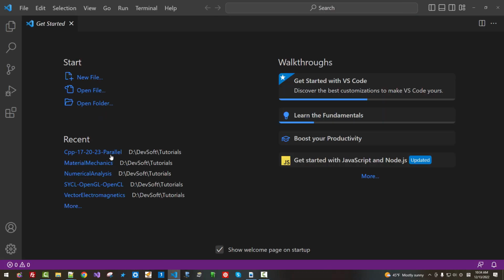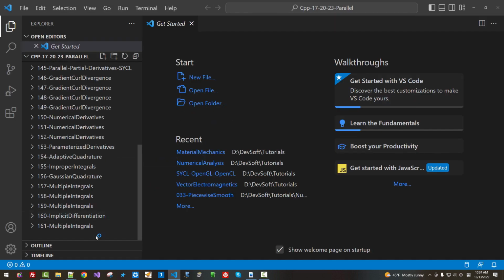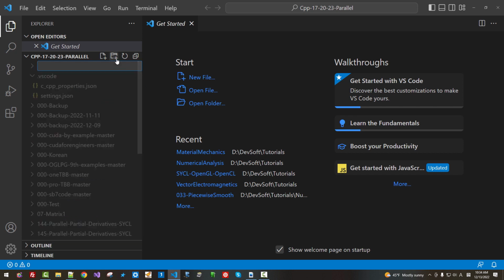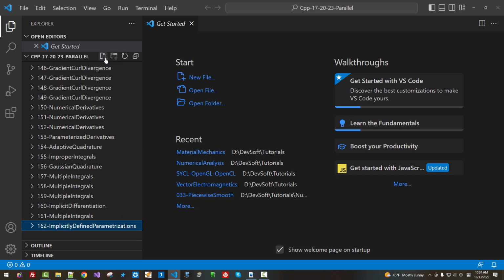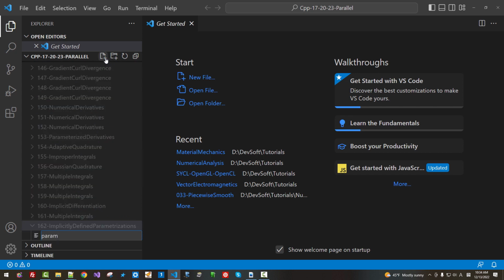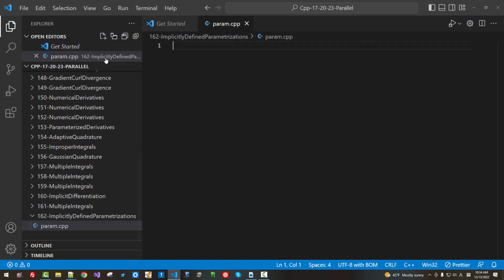Open up Visual Studio Code, CPP 17, 20, 23 parallel. Select empty space. Click this button, 162. I will name it Implicitly Defined Parameterization. Click this button, param.cpp. Hit enter.